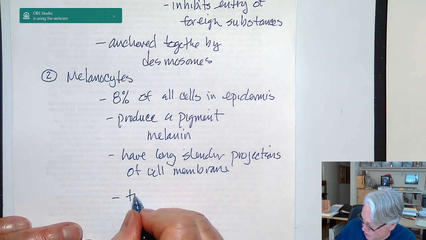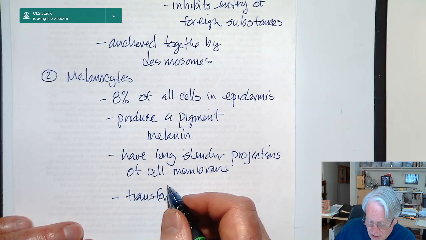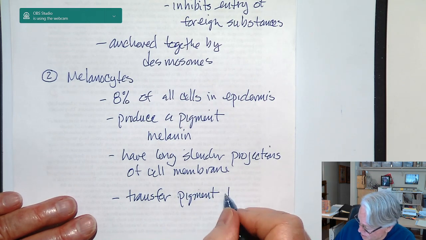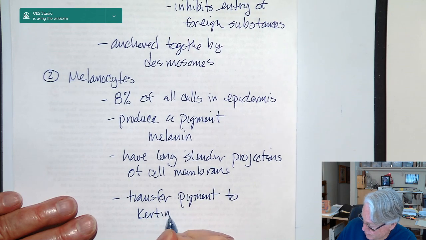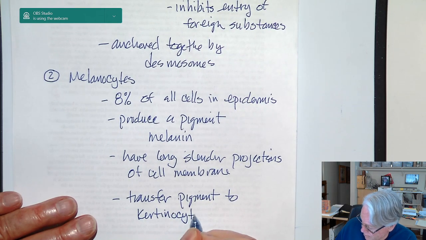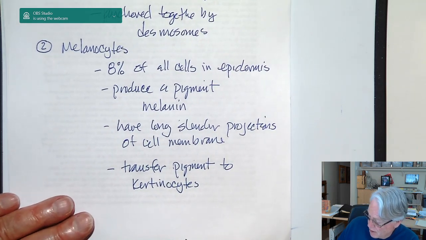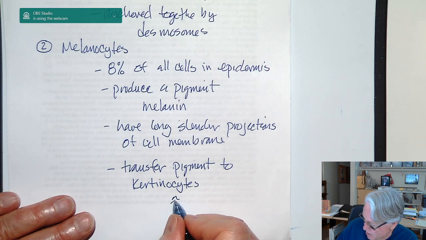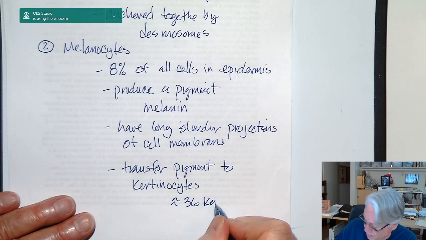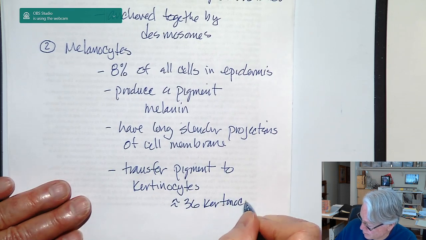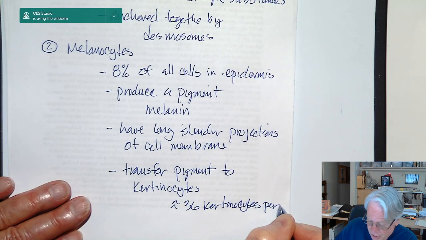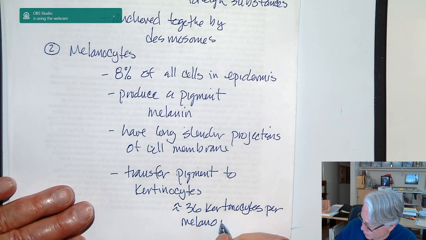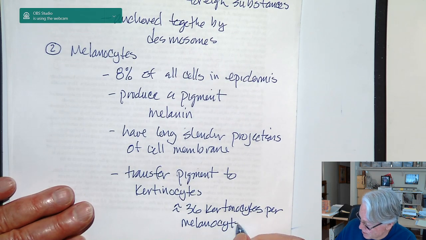And what they do is they transfer this pigment to keratinocytes. And approximately, for every melanocyte, we have approximately 36 keratinocytes. Per melanocyte. So each melanocyte is going to service approximately 36 different keratinocytes.